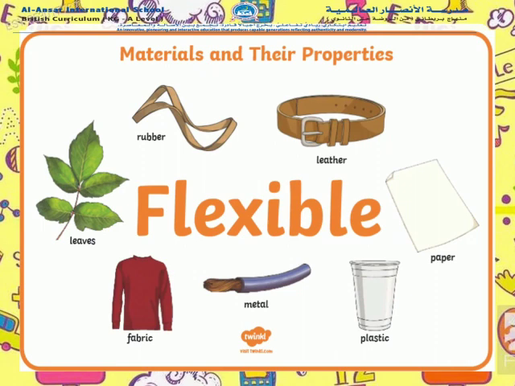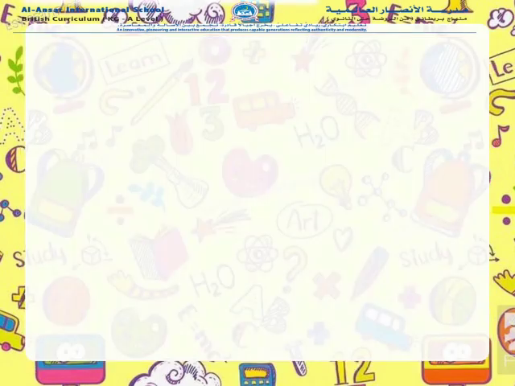If you bend them, they will bend easily. If you turn them, roll them, twist them, it will easily mold to the shape you want to give it. Why? Because it is flexible. All these materials have the flexible property.